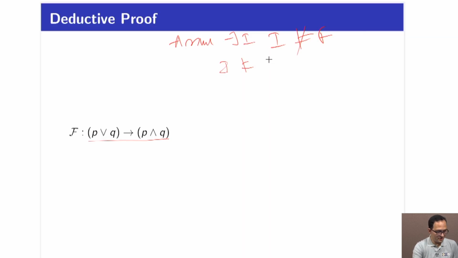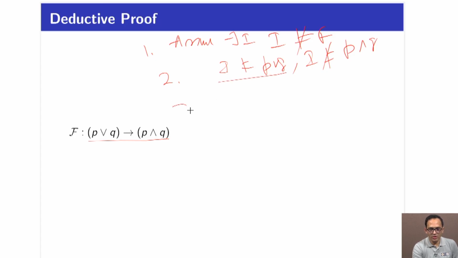So, I satisfies P or Q and I does not satisfy P and Q, right. So, this is line number 1, this is line number 2 of the proof. So, from here I create a bifurcation, right.